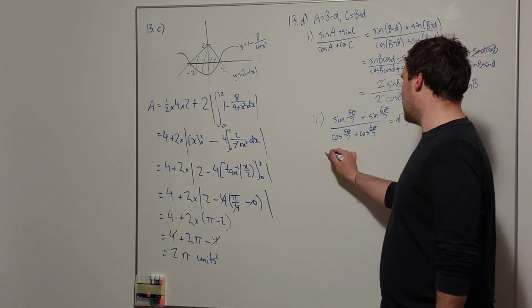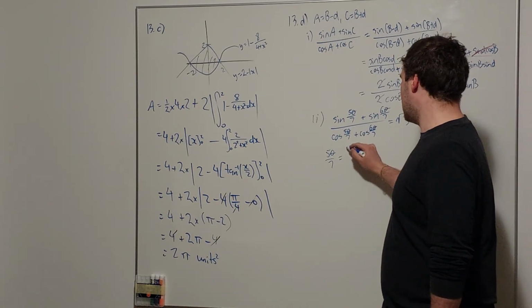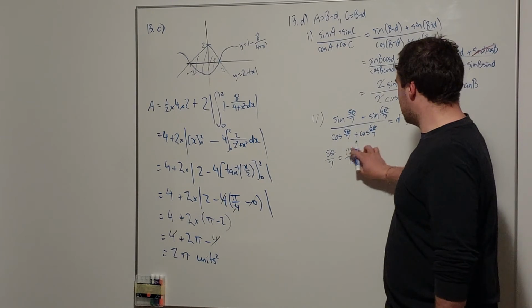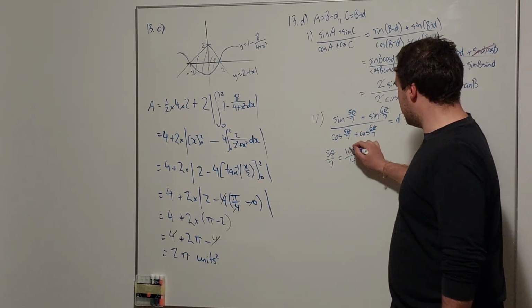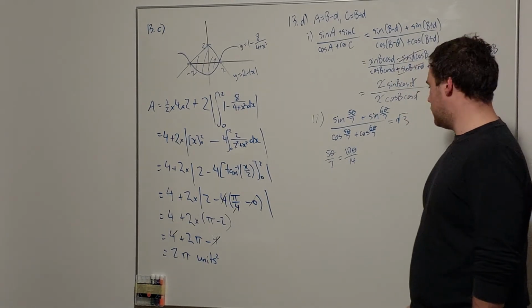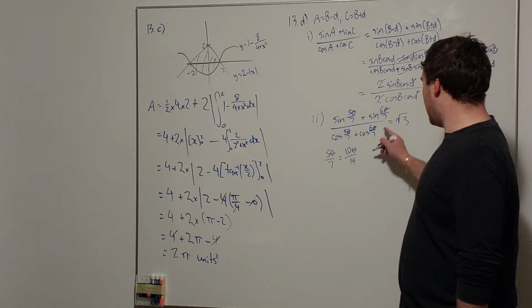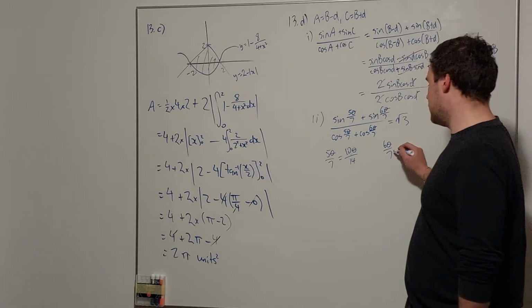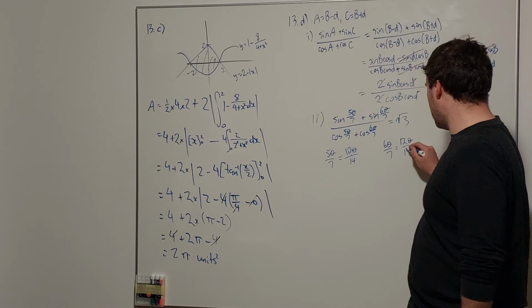So 5 theta on 7 is the same as 10 theta on 14, and 6 theta on 7 is the same as 12 theta on 14.